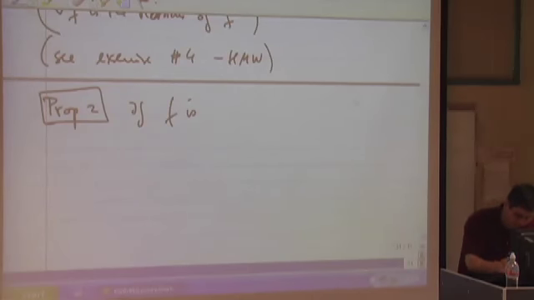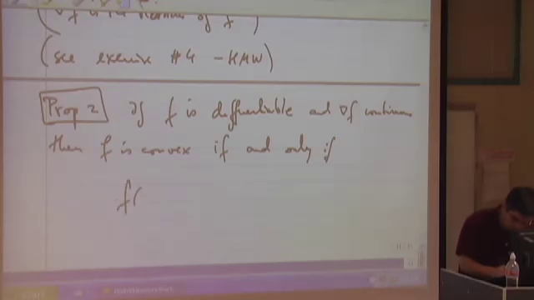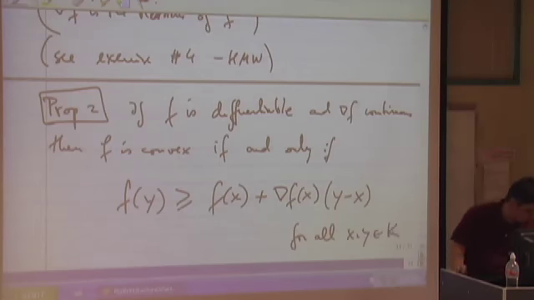If f is differentiable, and the gradient of f is continuous, then f is convex if and only if f of y is greater than or equal to f of x plus the gradient of f at x multiplied by y minus x, for all x and y in this domain.